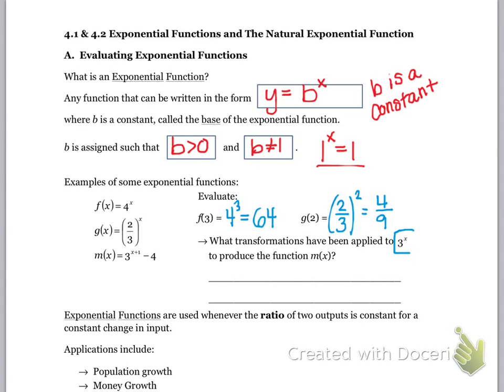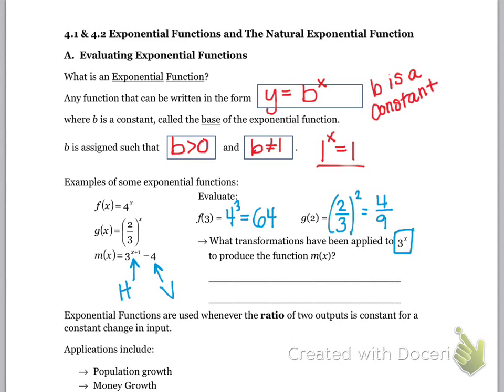Now, for the function m, we have transformations. So the parent function in this case is 3 to the x. If we think about what we did last chapter with transformations, we have transformations with the x and then transformations with the y. Anytime it's with the x, it's your horizontal transformation. Anytime it's outside with the y, it's your vertical transformation.